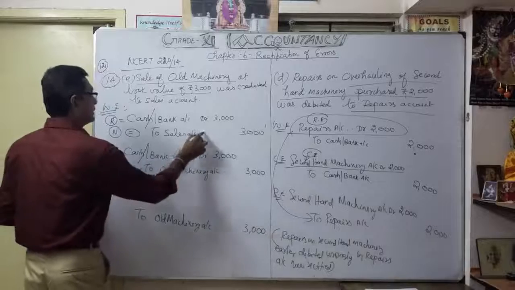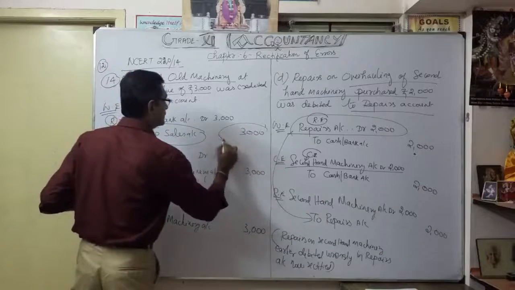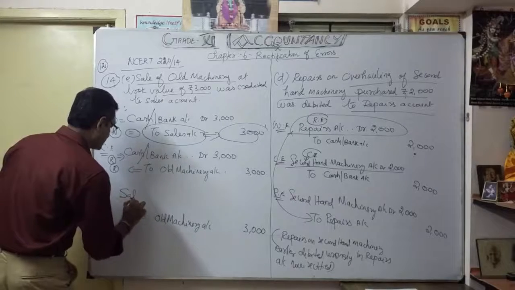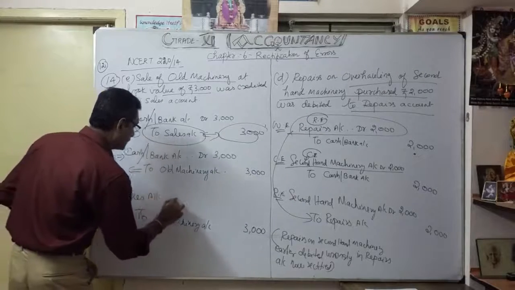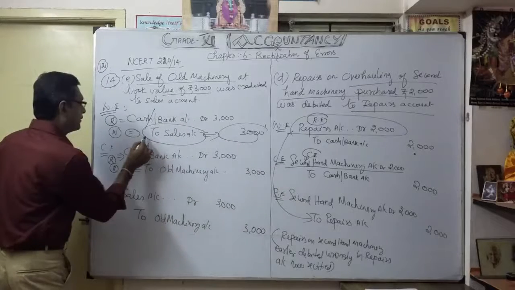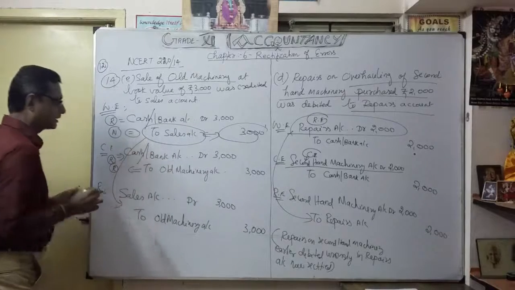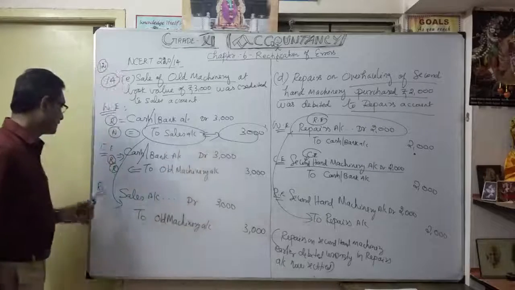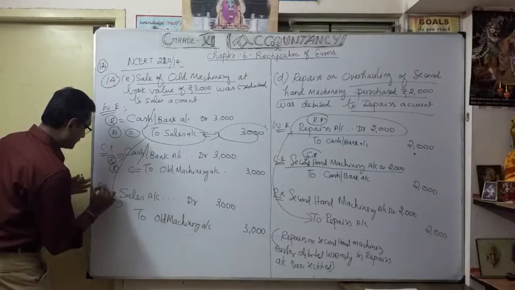What should be debited? Earlier we did a credit, so now I am going to debit sales account 3,000. Earlier the credit was wrongly considered as sales; now I debit it to make the rectification entry. Okay, rectification entry, that is right.